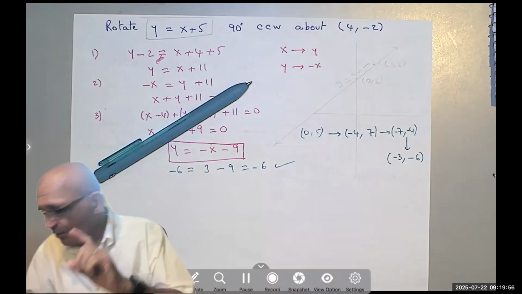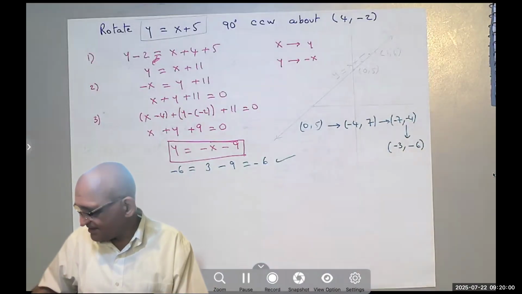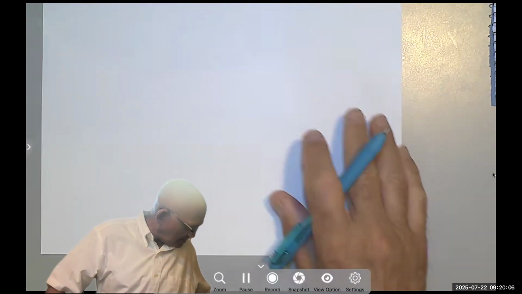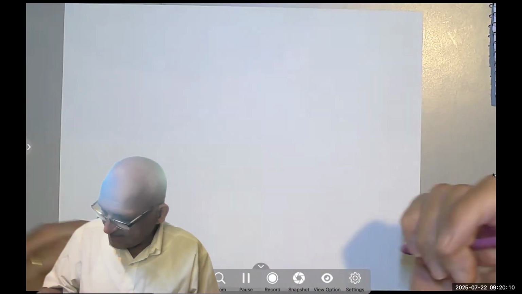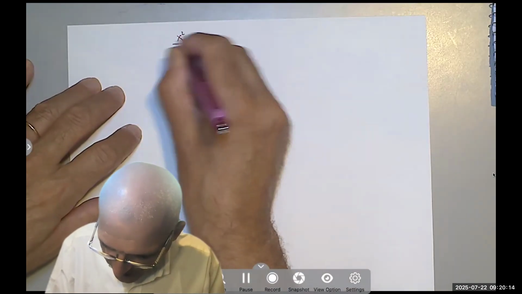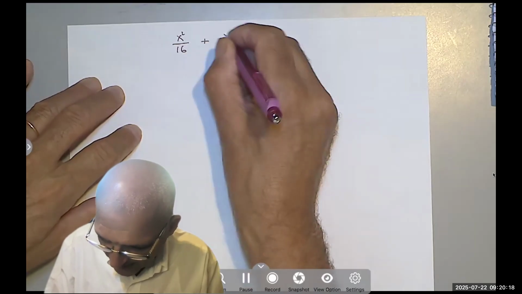Perfect. One last thing. Let's pick something because a straight line is easy. So let's pick something more involved. I'm going to say, let me start with an ellipse. And this ellipse is x squared over 16 plus y squared over 9.